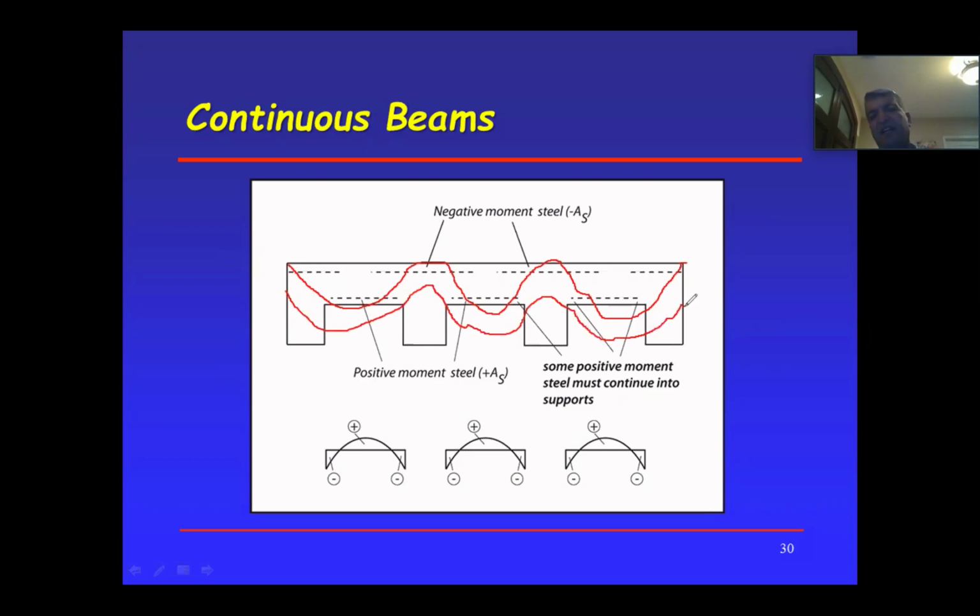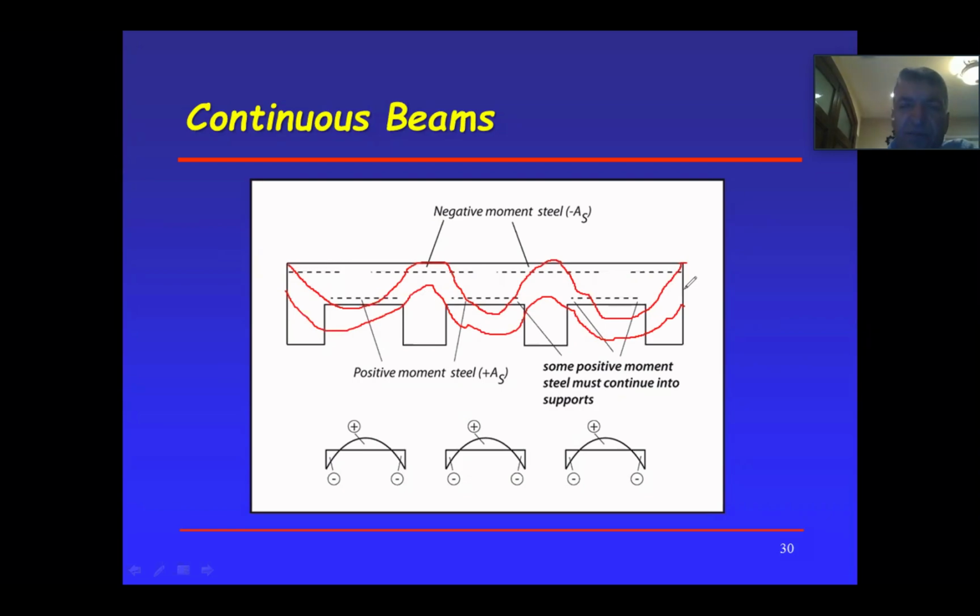This is how it's going to deflect. Makes sense, right? Because there's nothing here, so the beam is going to go down between the supports. There's a support here. In order to stay continuous, it's going to do that. Nothing in between is going to go down. It's going to go continuous over the support. So that's the deflected shape.